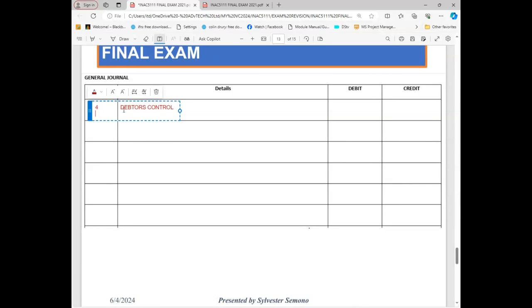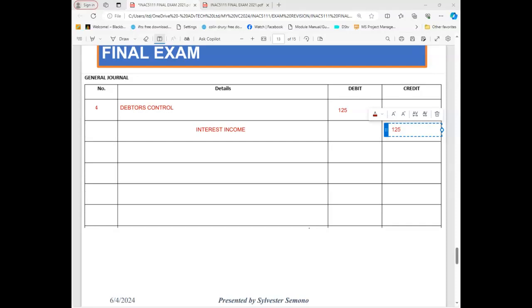Can you see now? And the amount was how much? It was just 125. Remember, there's no VAT for this one. Easy like that. And then the other account is the interest income, and it's going to be 125. What can be the narration?